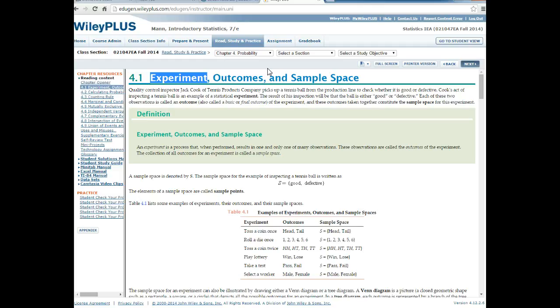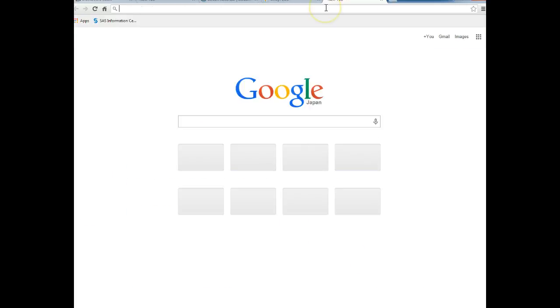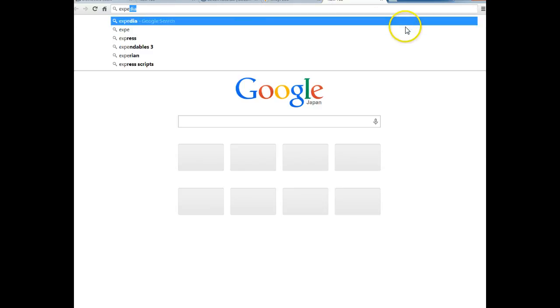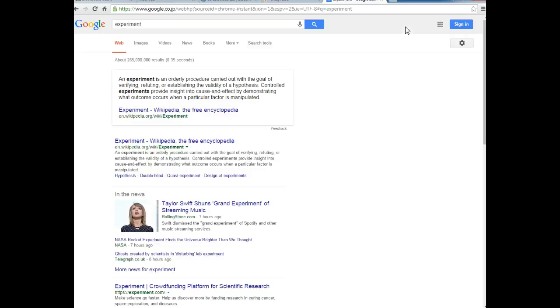So, okay, first of all, what do we mean by the word experiment? How about when you think of the word experiment, what image, what picture comes into your mind? Just the first flash, first image that comes into your mind. Laboratory. Laboratory, yeah, good. That's what comes into mind also.